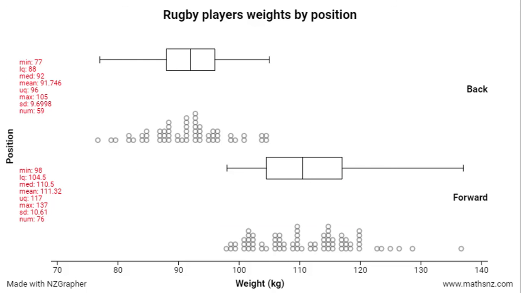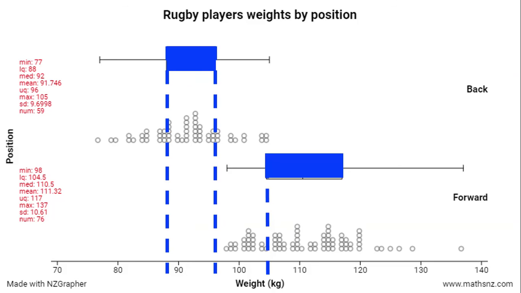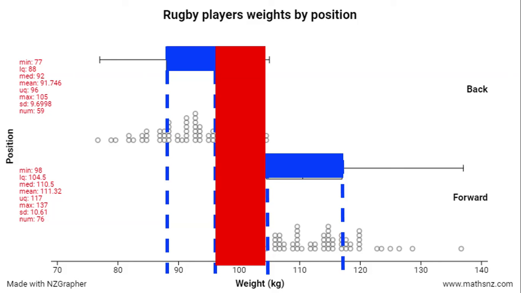So what is it that we need to do now for merit? So we've got the same picture here, okay, and what we want to do now for merit is look and see, is there any overlap between those? And I've drawn this lovely red box here which shows us that there is quite a big gap between the forward weights and the back weights for our middle 50%.